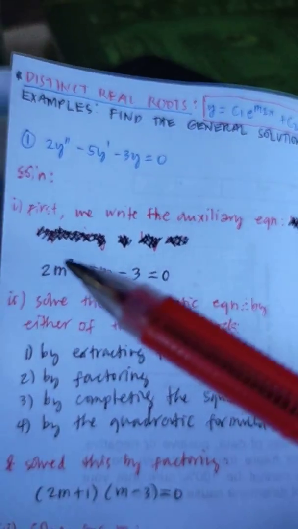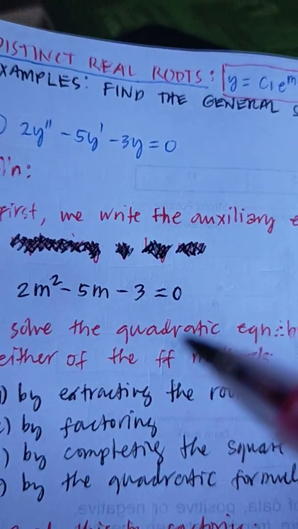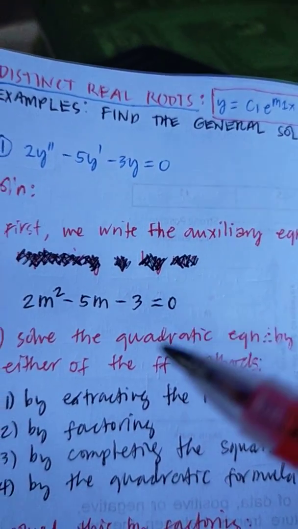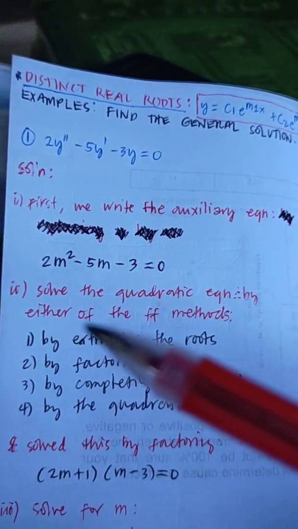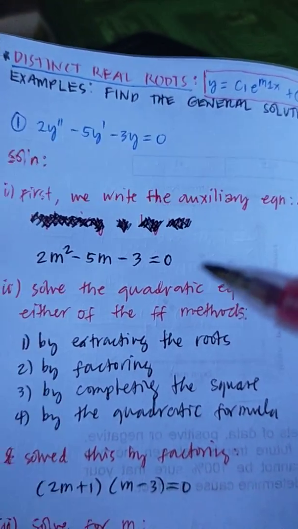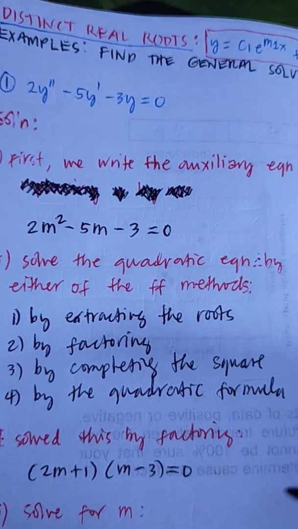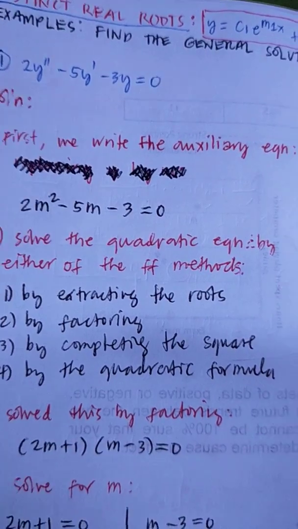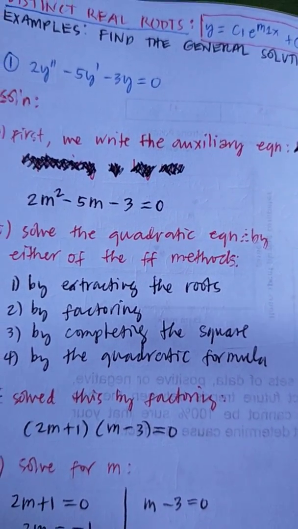So we can see that it is a quadratic equation wherein we could solve m in any ways. Okay, step 2, as I have said a while ago, you could solve this equation by either of the following methods. Number 1, by extracting the roots, by factoring, by completing the square, or by quadratic formula.